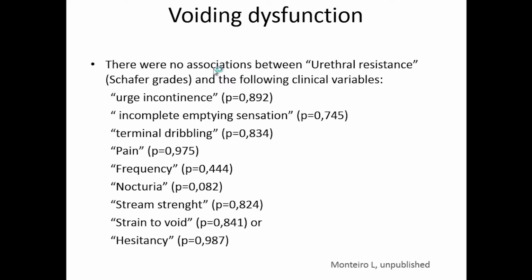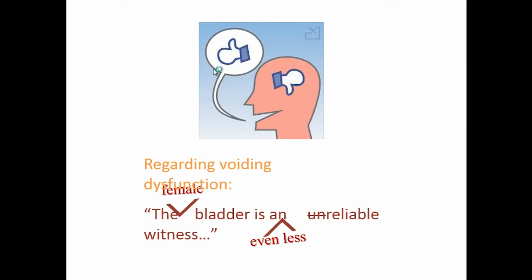So it's very difficult to relate the individual symptoms and even symptom complexes to voiding dysfunction. So that's what Luis already said, and most of our urodynamics mentors usually say that the bladder is an unreliable witness, and in the case of a female bladder with voiding dysfunction, this is even less reliable.